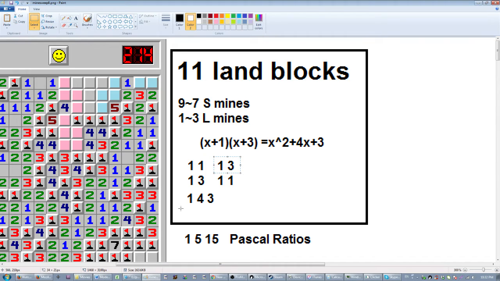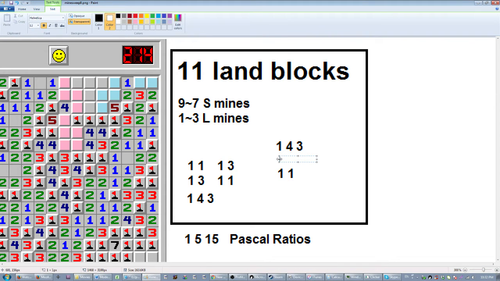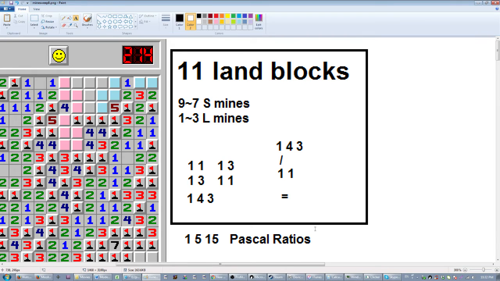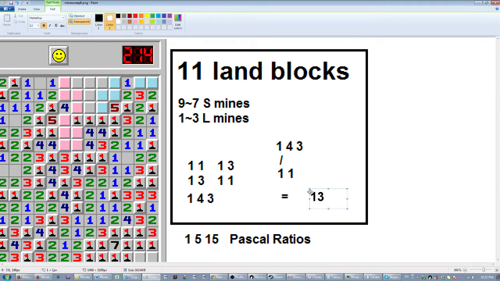Let's see if I can describe this right. So this divided by this. Let me get the text box here. Yeah, I hope that's good enough. Equals 1 3, you know.